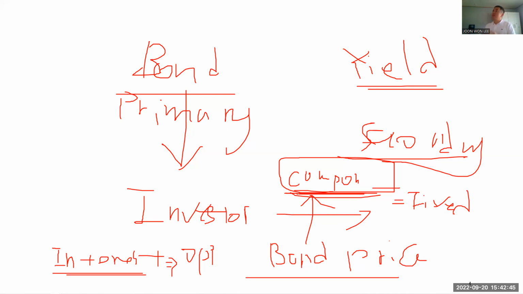Let's say you purchase a bond with a coupon rate of 5%, but right now the market interest rate is 10%. If you invest the same amount in other products, you would receive $10 rather than $5, right? So there should be some compensation for the loss of $5. That is reflected in the price of the bond.